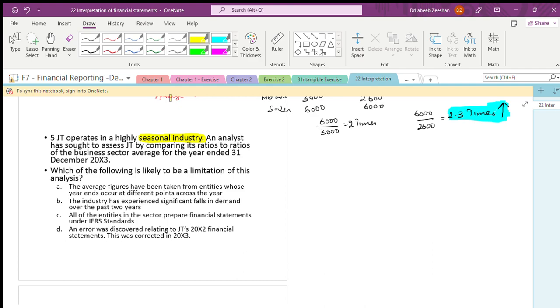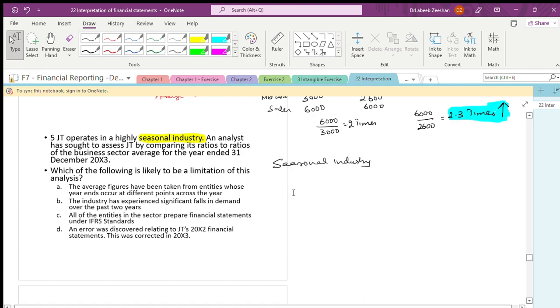Now, when it is a seasonal industry, what will happen? Take the example of Dhofar, Salalah.